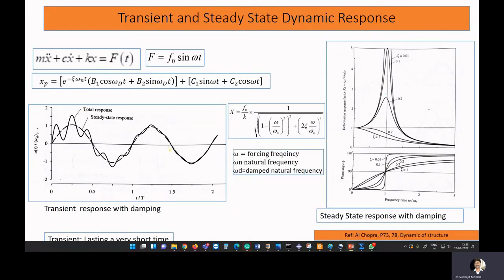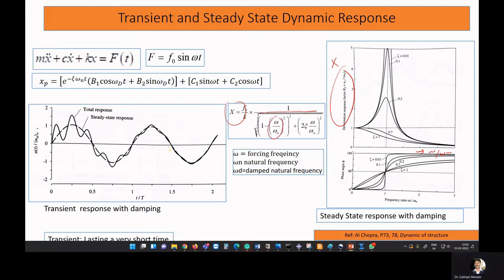In the frequency domain, on the x-axis we will have the frequency, that is omega by omega n, and here we will have the amplitude. Now here we will observe that our magnitude of displacement can be written in this form.